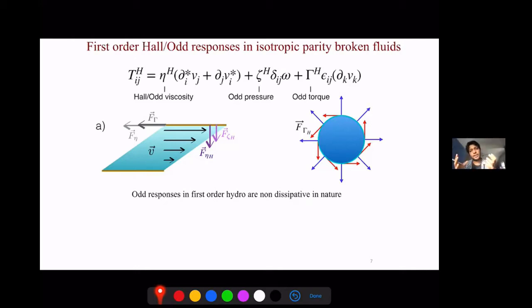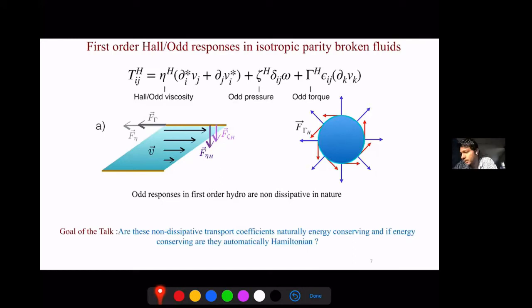If you create a sink or a source inside your fluid, so that there is a flow acting outward from a source placed at the center of the fluid, then you will see a force due to odd torque that acts tangentially at the surface, again normal to this outward going flow. So all these three odd responses in first order hydro are non-dissipative in nature, taken individually, just by intuition, because they act perpendicular to the applied deformation.